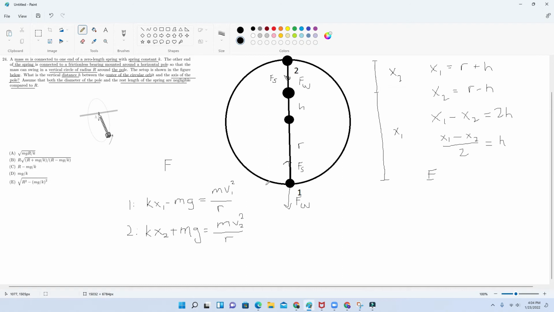If we take our bottom point to be Earth level, we can start setting up equations for the kinetic and potential energies. Based on the law of conservation of energy, we know that the E at 1 is equal to the E at 2 because there's no external force acting on the system. We just have a spring rotating about an axle.